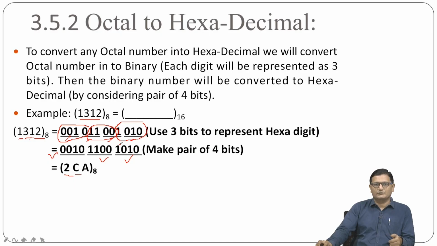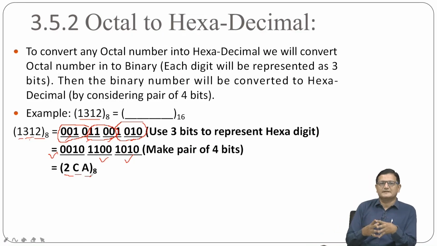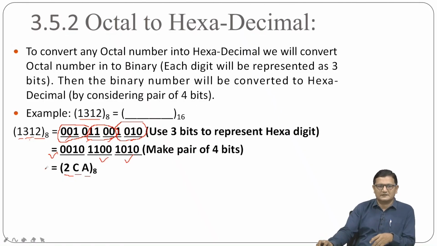So, 8 plus 2 makes 10, and how do we write 10 in hexadecimal? By the symbol A. In this way, if any octal number is given to you, you can easily convert it into hexadecimal, right. By mistake I have written 8 here, but 16 has to be there, because this is a hexadecimal number, right.